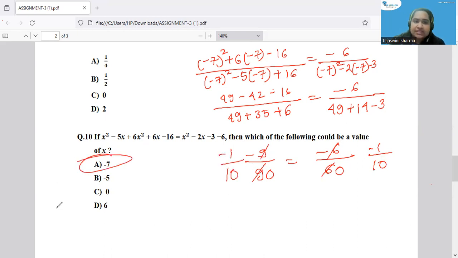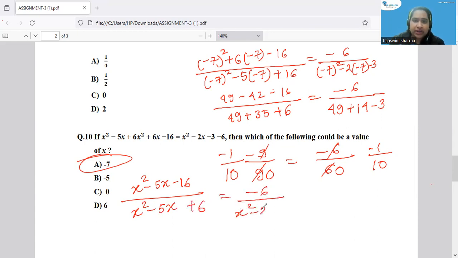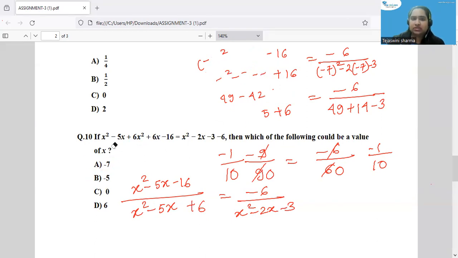So this option A is correct for the expression x to the power 2 minus 5x and then minus 16 over x to the power 2 minus 5x plus 6 is equal to negative 6 over x to the power 2 minus 2x minus 3. This was the expression. By mistake, it is not given properly in the denominators. You can write this expression and check your answer.